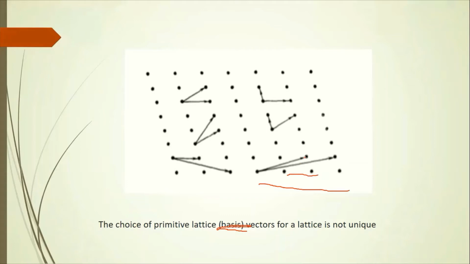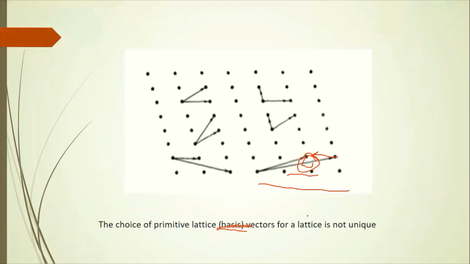And these kinds of vectors, by using this one, are linear combinations of the vectors with which we can get to any point on this lattice. So the choice is not unique.